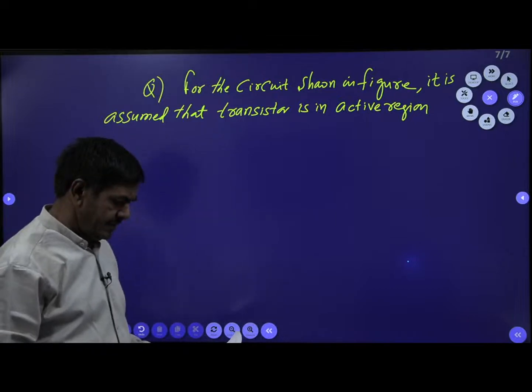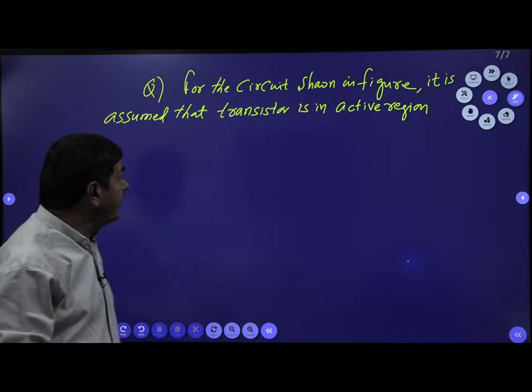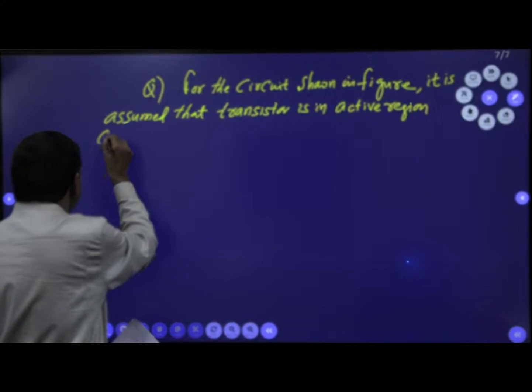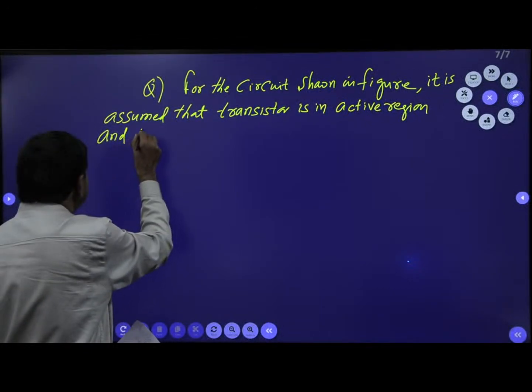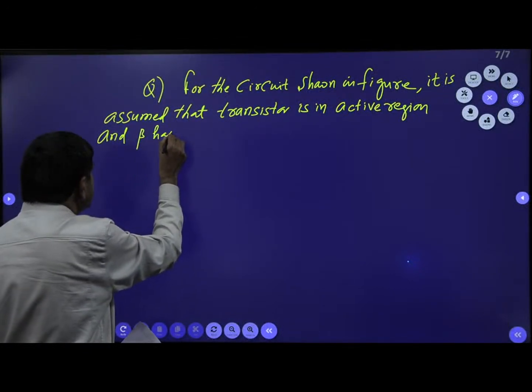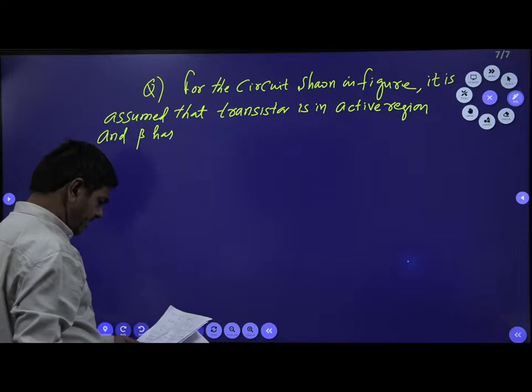Directly given, active region. And beta has a large value.